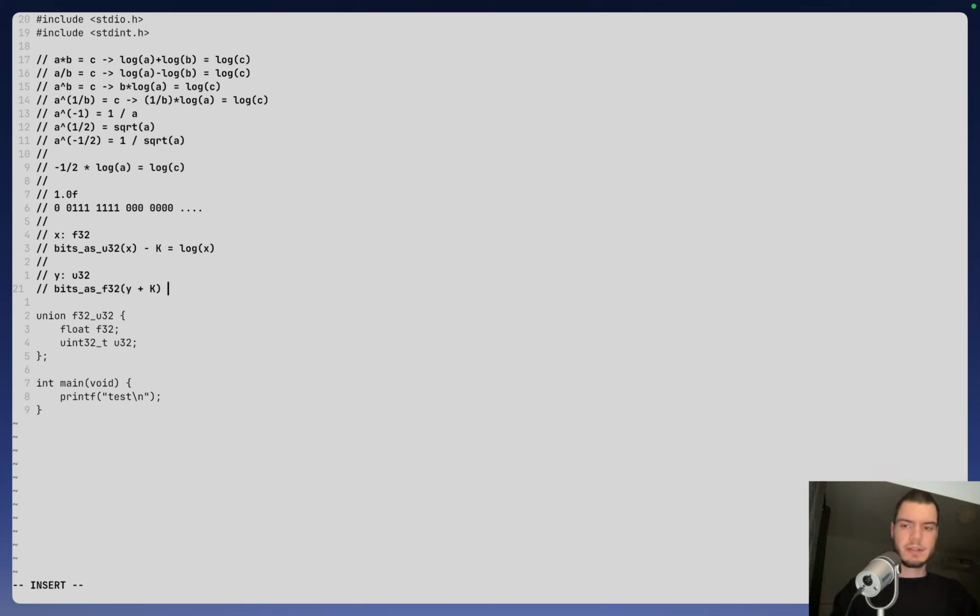That is an approximation of the exponent function. So kind of the inverse.